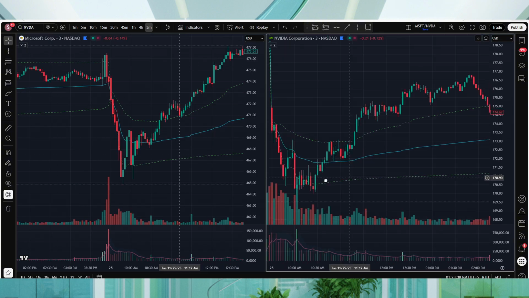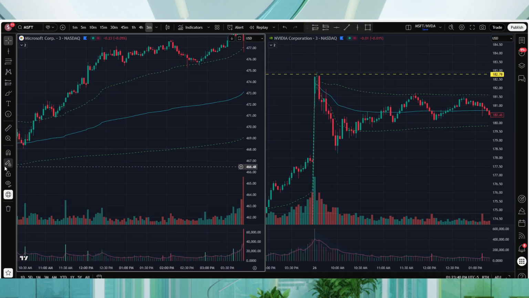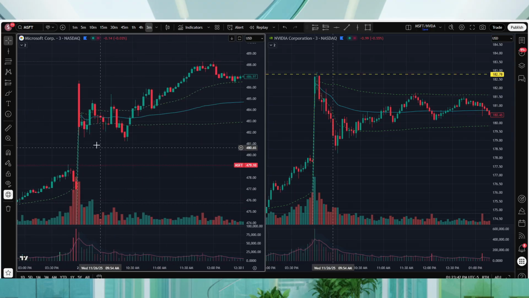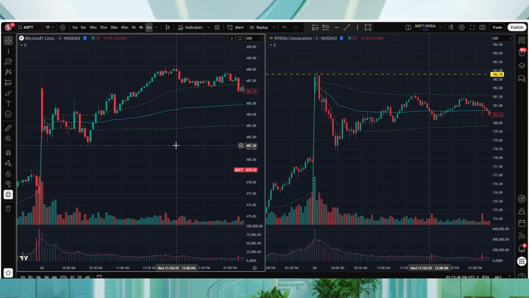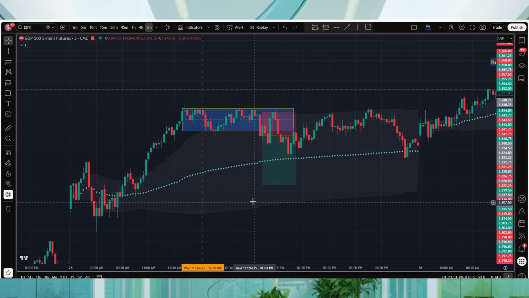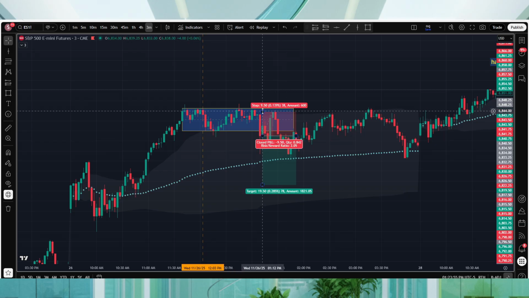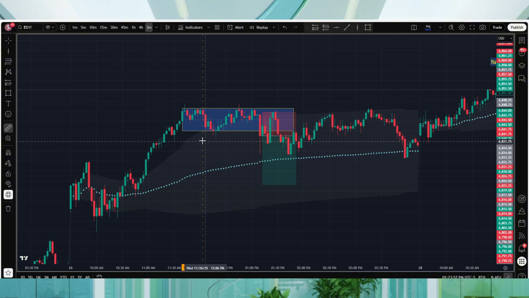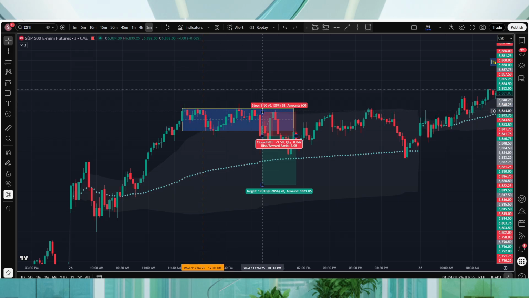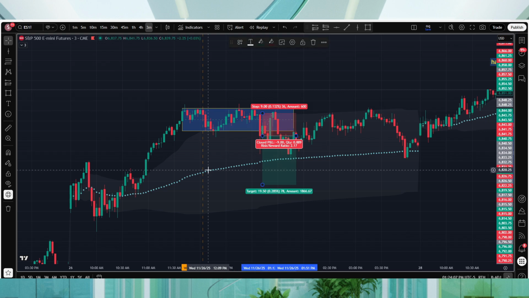November 26th. So we're looking after 10 a.m. Our first entry is 12:03. 12:03 is kind of late. And we get a signal at 1:09. So we're looking at a 9-point loss here.